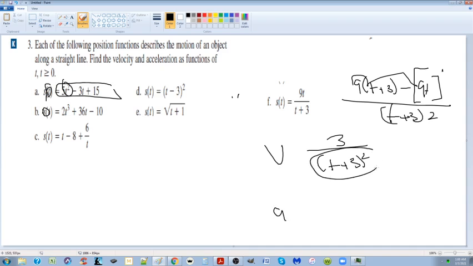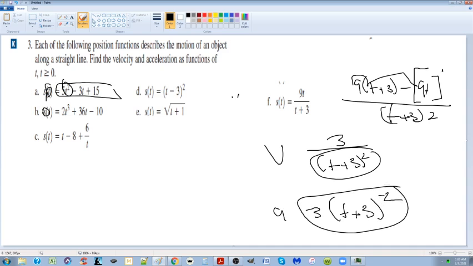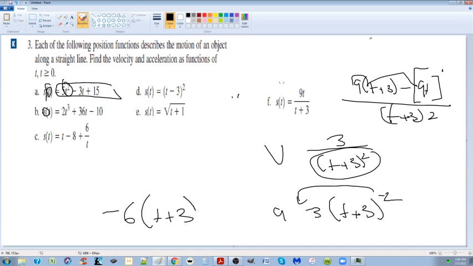My acceleration: this is no longer a quotient rule, it's really this. Don't get confused with that. So bring that down. That's my acceleration.